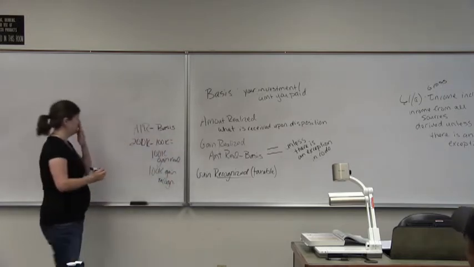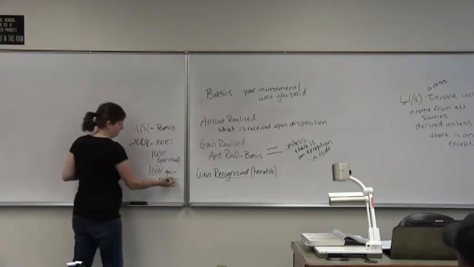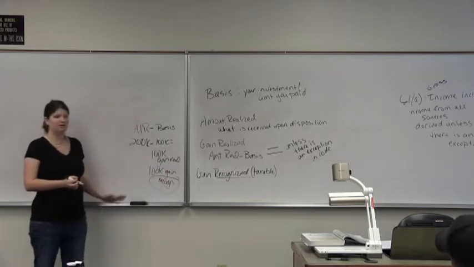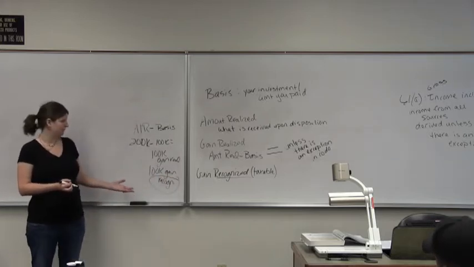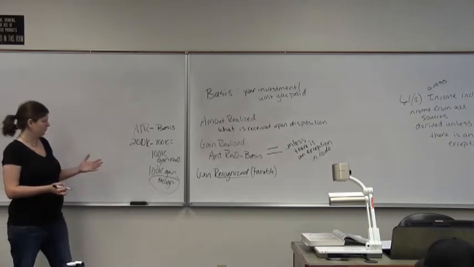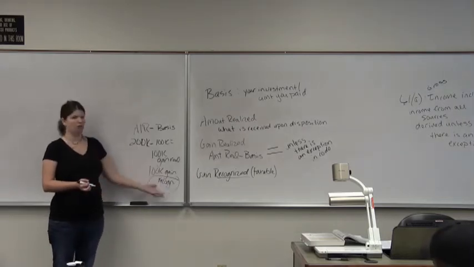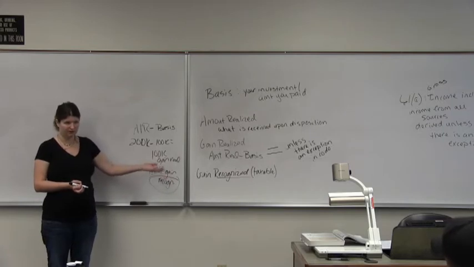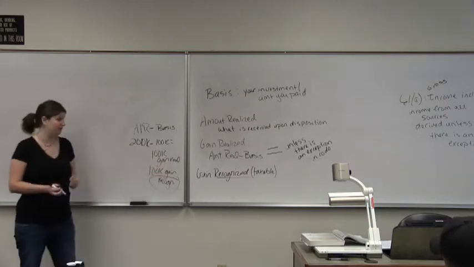Since it is this recognition piece that causes taxation. So you might be thinking, okay, so why even have two different words if it's going to always be the same thing? It's not always the same thing.